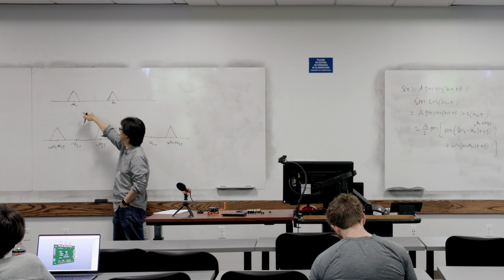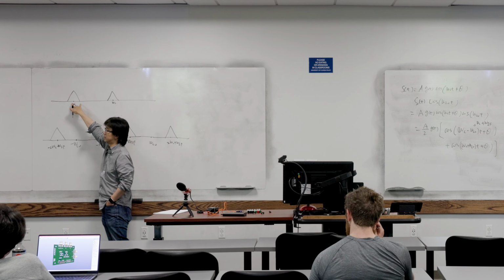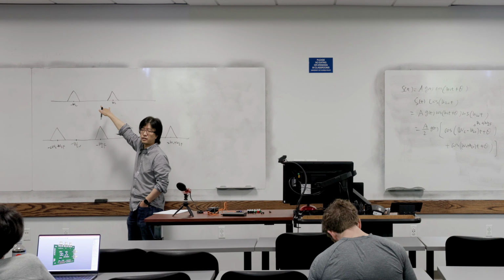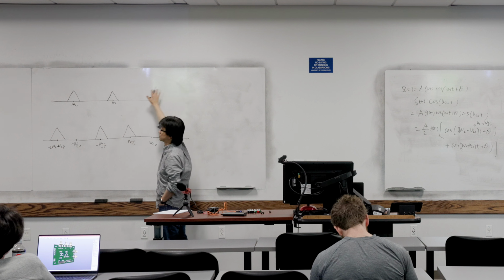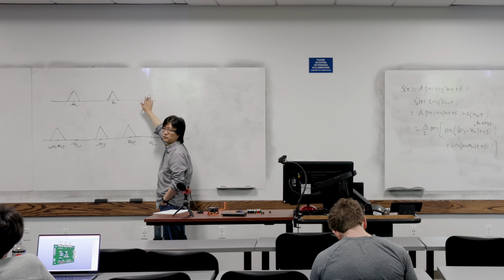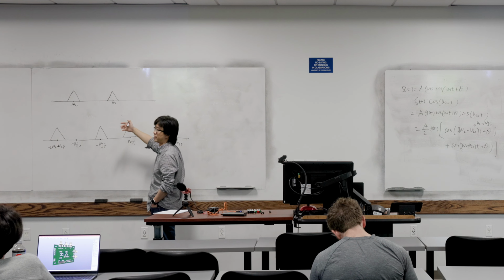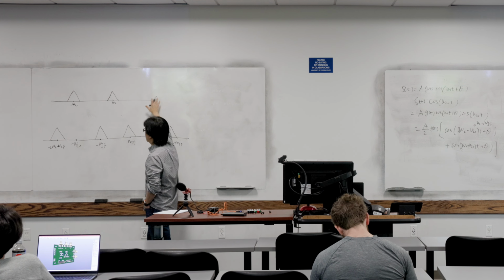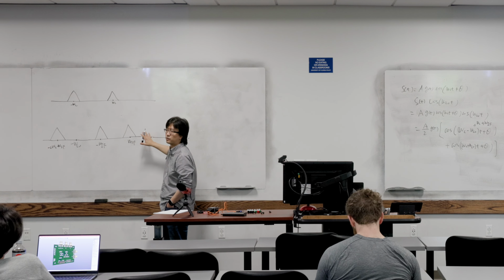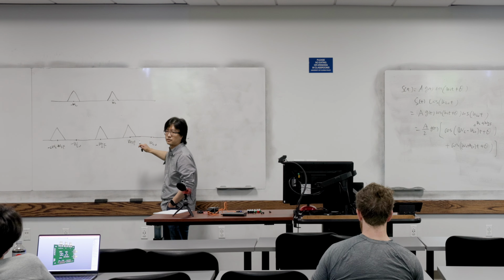So this is our transmitted or modulated signal. What if we have some other signal outside? What will happen? Because when we multiply by a cosine, it will shift everything here and here. Will that cause a problem?